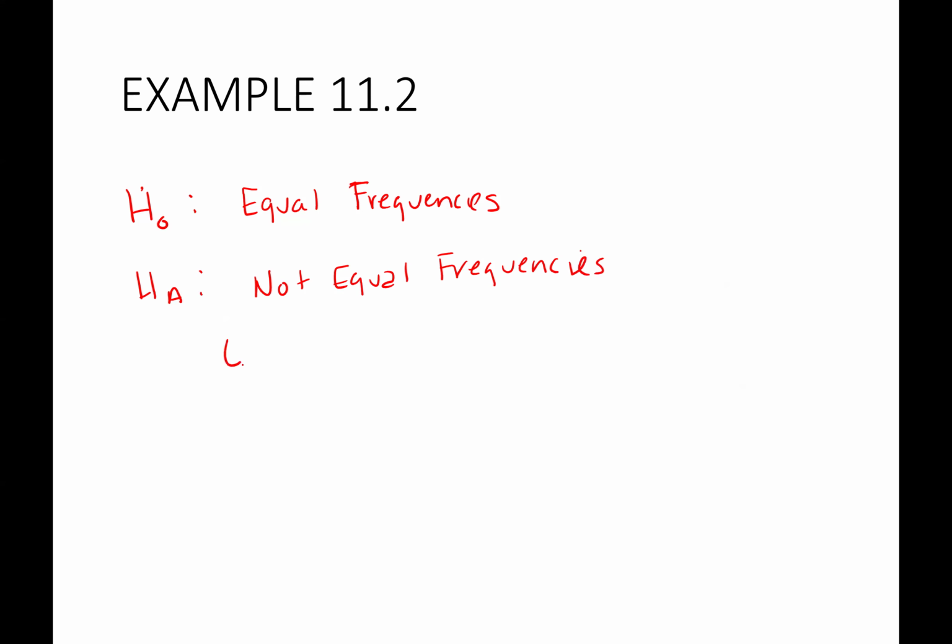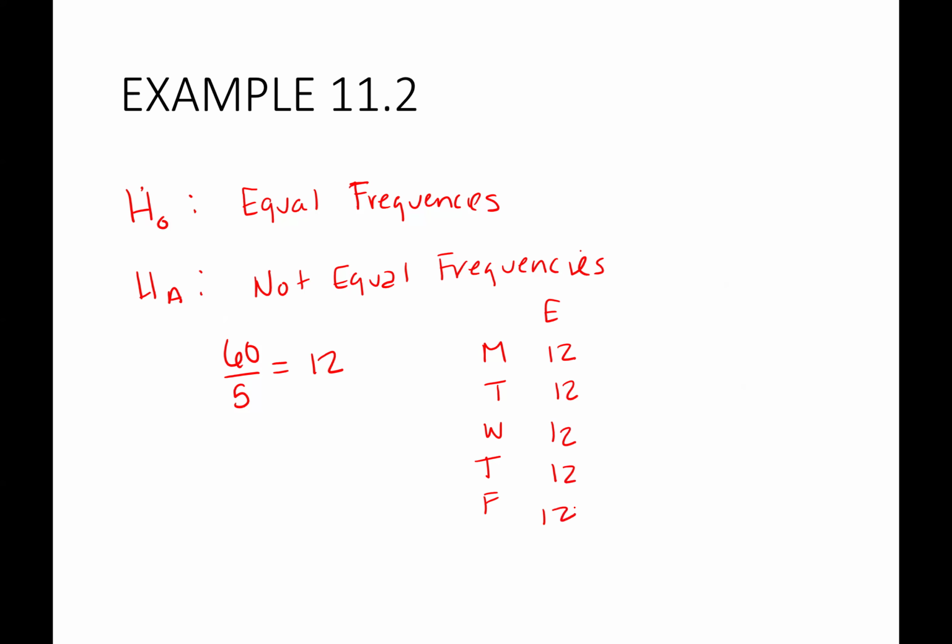Okay, so equal frequencies would be 60 divided by 5, which is 12. So our expected values for each day of the week, Monday, Tuesday, Wednesday, Thursday, Friday, is 12.